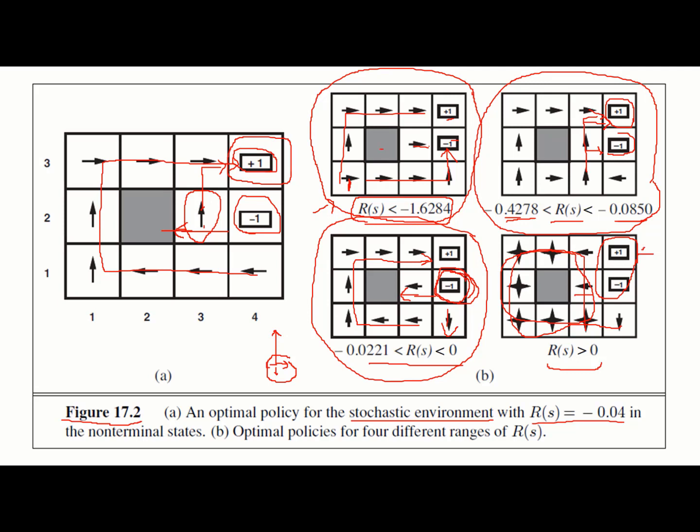In fact, the robot has no incentive to reach any one of the terminal states. So 4 different values of R, 4 different strategies, 4 different policies.